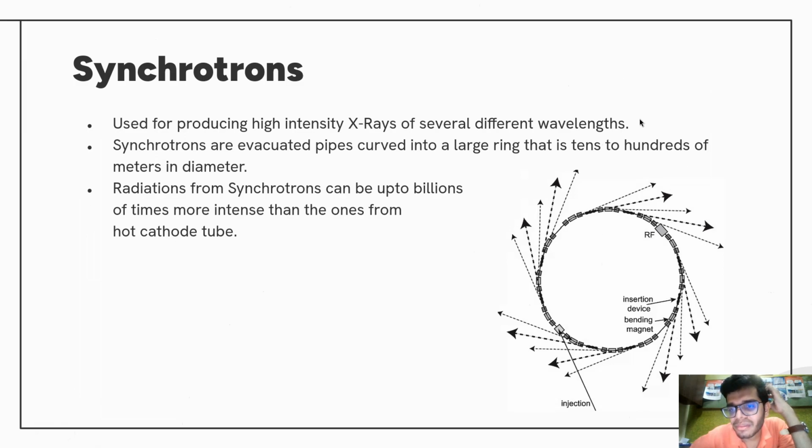When their energy becomes high enough and they strike the metal surface, extremely high intensity X-rays are produced, and a very broad spectrum of X-rays is produced. As we can see from this fact, radiation from synchrotrons is up to 1 billion times more intense than that from a hot cathode tube. So yes, synchrotrons are a very essential tool that can be used for certain experiments.